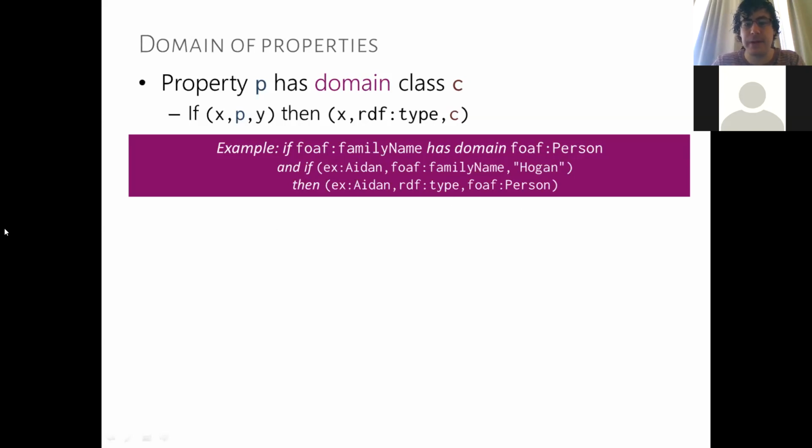Okay. Because I have the property family name defined, and because that property has domain class person, we can then infer that I'm a person. So what's important to note is that it doesn't assume that I'm defined to be a person. It doesn't check that. Rather, it will infer that I'm a person.